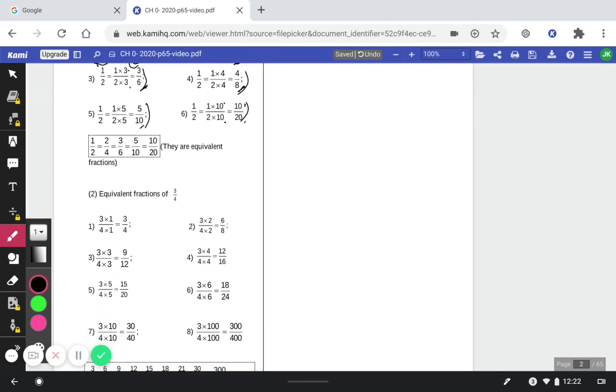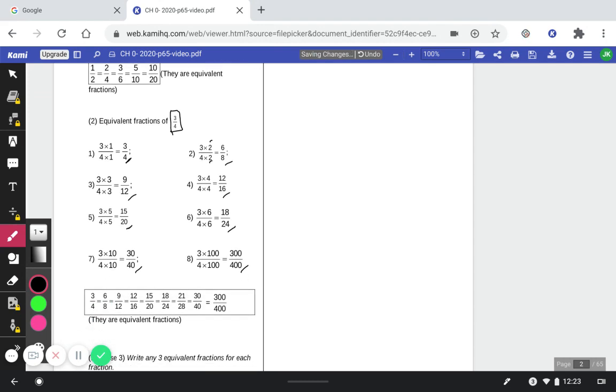How about equivalent fractions of 3/4? If you multiply 1 and 1 on both the numerator and denominator, it becomes 3/4. If you multiply 2 and 2, it will be 6/8, 9/12, 12/16. If you multiply 5 and 5 to 3/4, you get 15/20, 18/24, 30/40, 300/400.